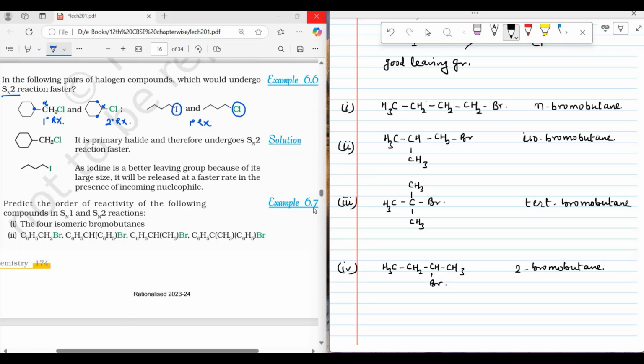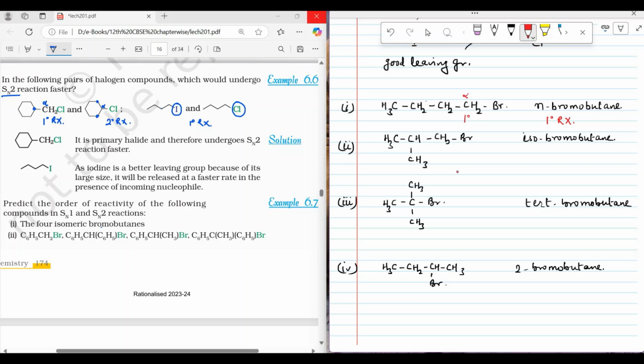Now let's predict the order of reactivity for SN1. For SN1 we know tertiary alkyl halides react faster. Identify the type of alkyl halide first. Here bromine is bonded to this carbon, so this carbon is the alpha carbon, and this alpha carbon is primary. That means this bromobutane is a primary alkyl halide.